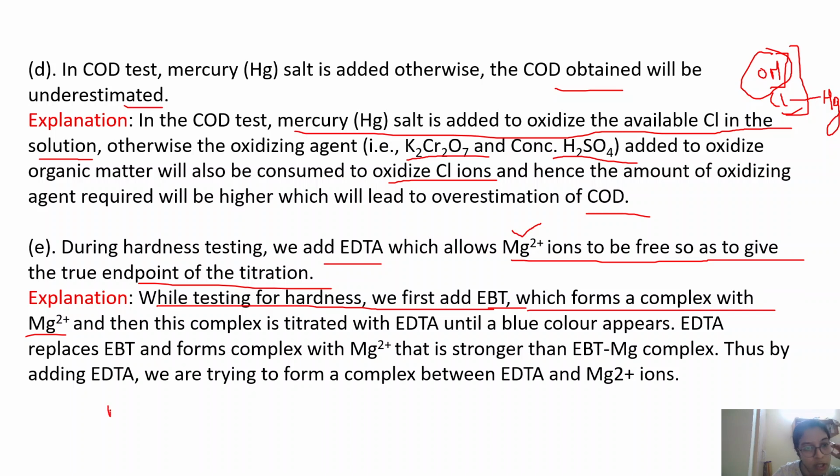So what is the first reaction? Mg is there. We add EBT, Eriochrome Black T. This is the indicator. This leads to the formation of a complex.